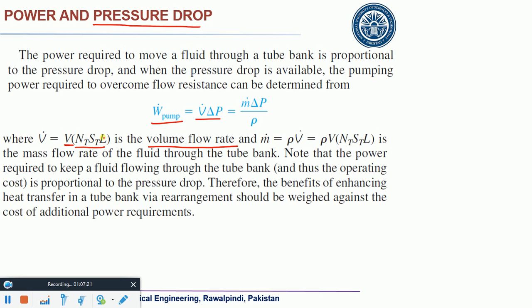Okay, so this is the area which you should cater for. If you multiply this volumetric flow rate with the pressure drop, you should come up with the required pumping power. So that's how you can estimate pumping power or the specifications for any pump required for a certain application in a shell and tube heat exchanger, or at least for flow over tube bank.